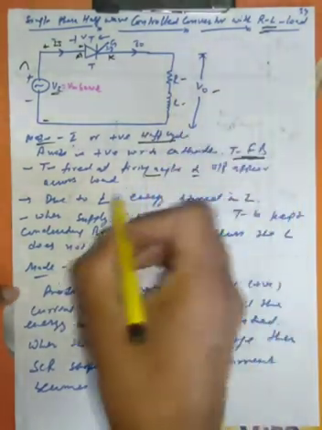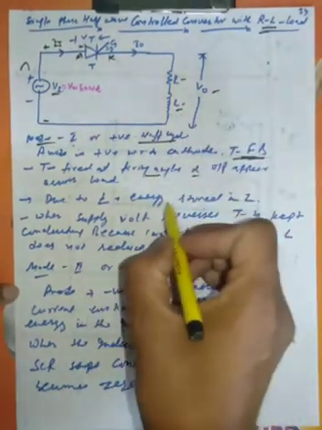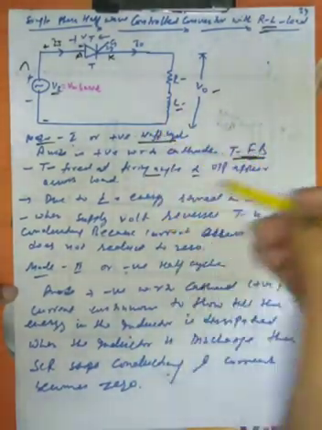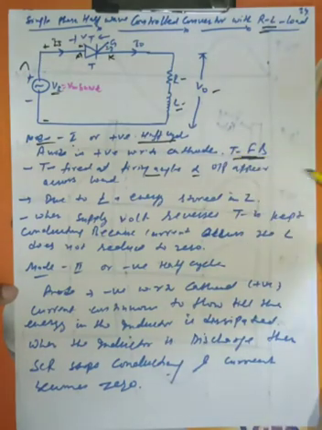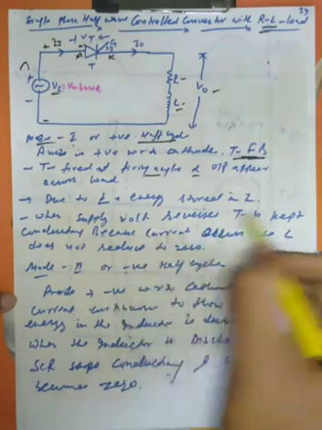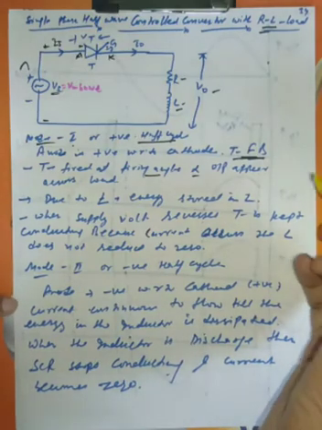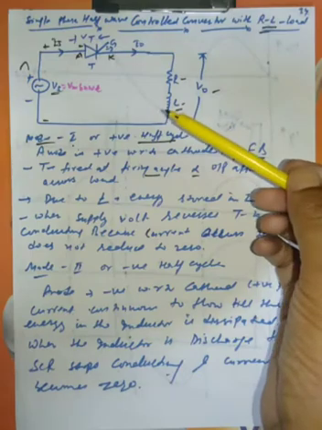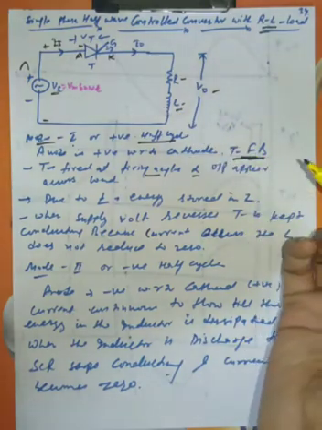Due to the inductor L, energy is stored in the inductor when we supply voltage across it. Even when the voltage reverses, the thyristor keeps conducting because of the current through the inductor, which does not reduce to zero because of the energy stored in it.